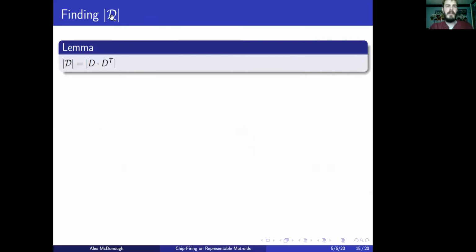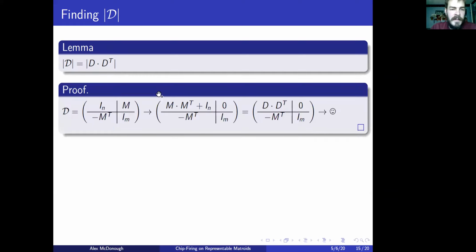So let's say that we want to find this determinant. We have a lemma that the determinant of fancy D is the determinant of normal D times normal D transpose. The way that we can show this is we start with fancy D. We're going to multiply the bottom bunch of rows by M and subtract these from the top part.